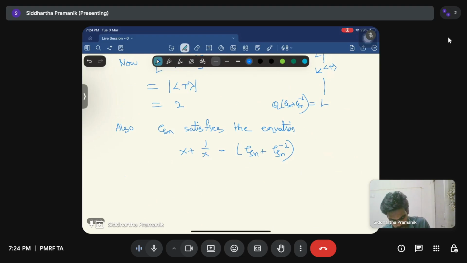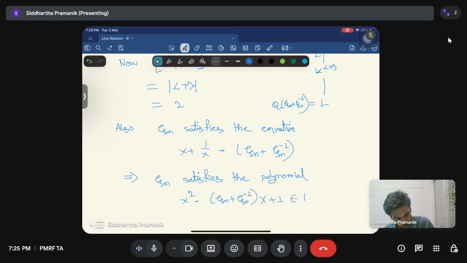So this implies zeta n satisfies the polynomial x squared minus (zeta n plus zeta n inverse) times x plus 1, but this belongs to L.